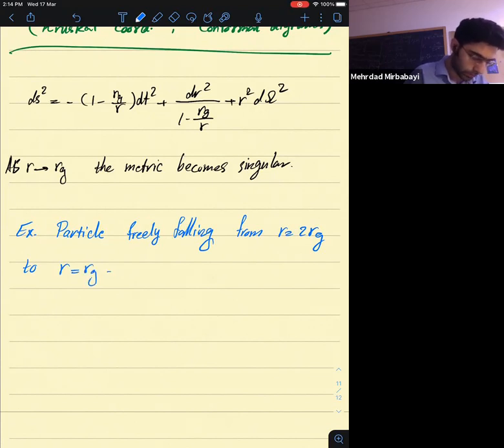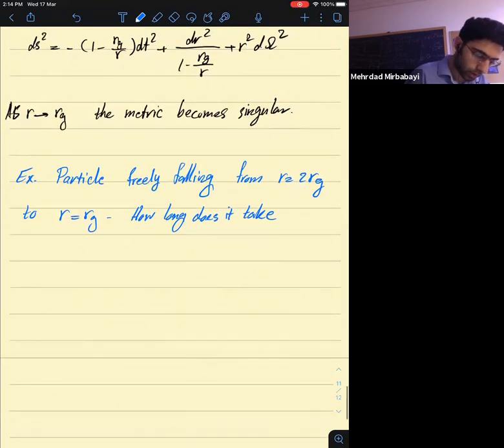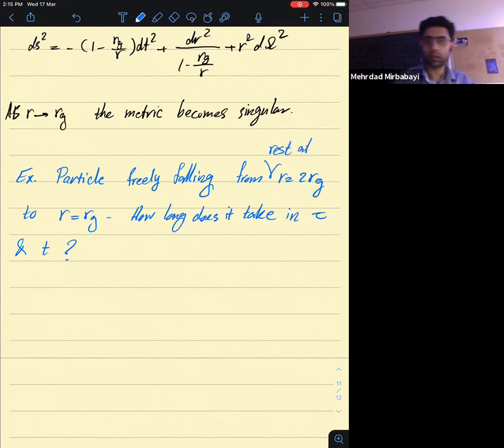The question is: how long does it take? How long does it take in proper time, tau, and how long does it take in the coordinate time, t, assuming that it starts falling from rest at r equals 2rg?